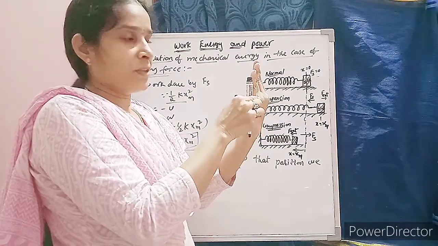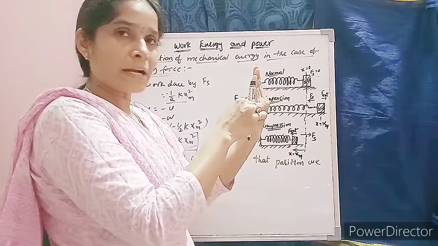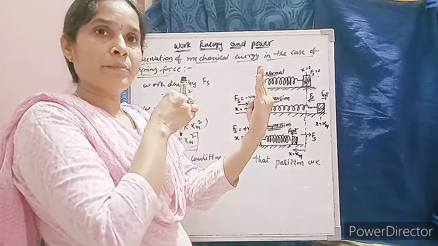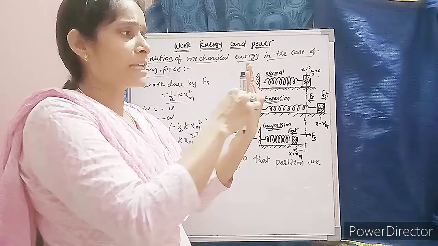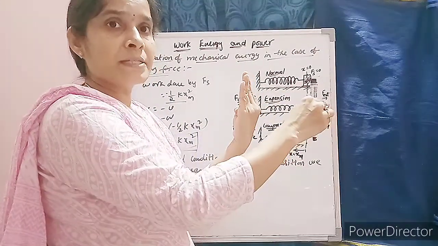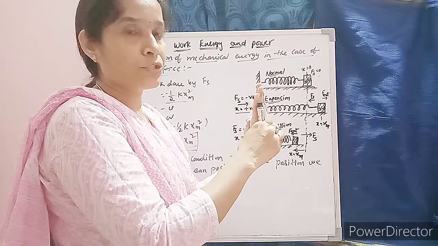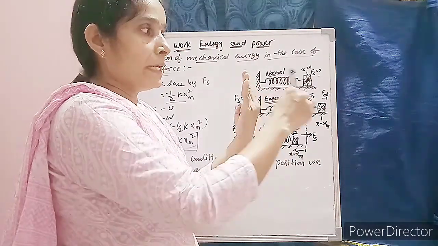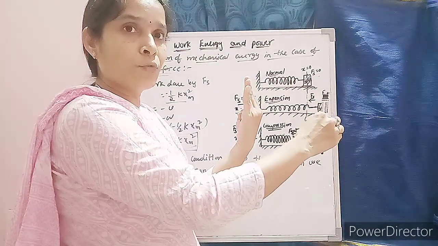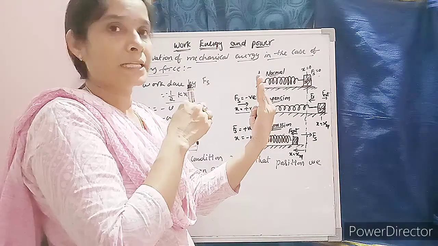So the spring is stretched by xm, comes back to 0, and is again compressed by xm. The position where the displacement is x equal to xm, we call the extreme position. For the spring, in the stretching case we have one extreme position, and in the compression case we have another extreme position.